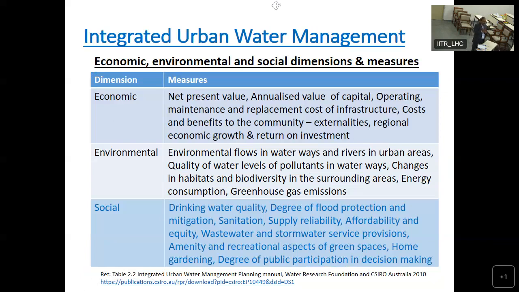We were looking in Adelaide at a few new developments which were designed based on an integrated water management concept, and water sensitive urban design approaches were implemented. In the group where I was working, I was leading a group with two or three social researchers.